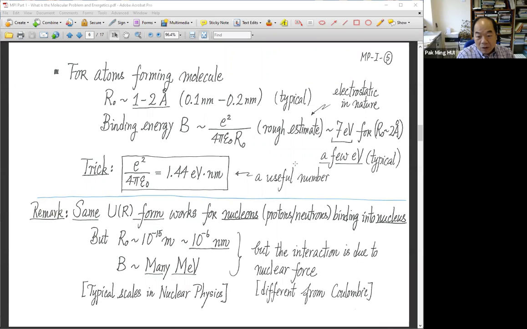So Coulombic, so e squared over 4 pi epsilon 0, and then divided by a typical distance. What is the typical distance? Separation, equilibrium preferred separation. If you look into data, that number is very boring.